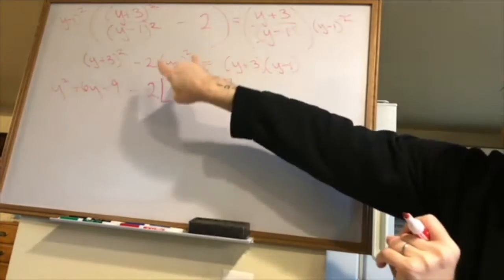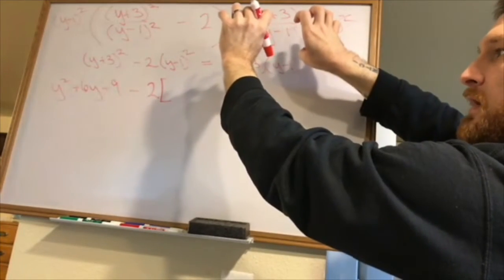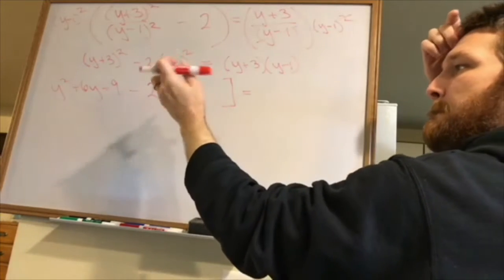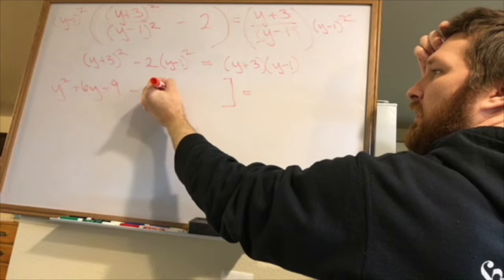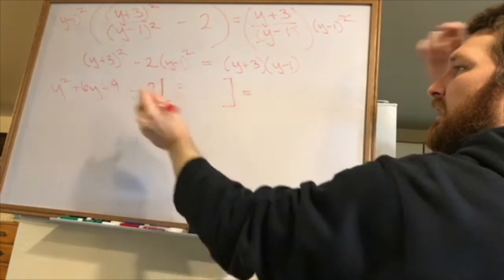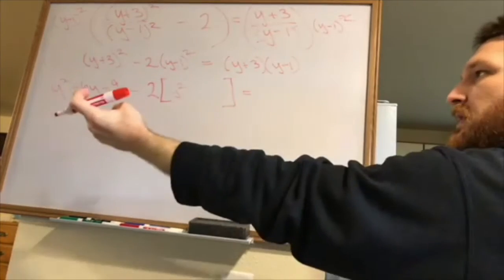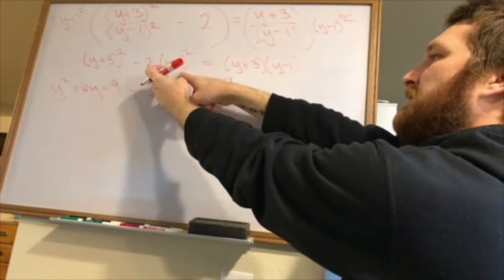In my brain, y minus 1 squared means y minus 1 times y minus 1. First gives me what? Y squared. Outer and inner are the same thing. And so from the outer, we get what?